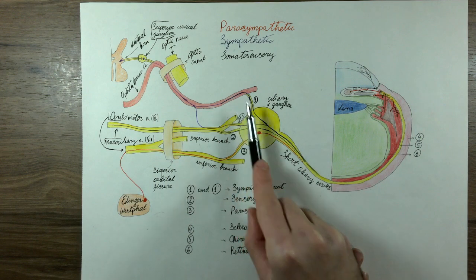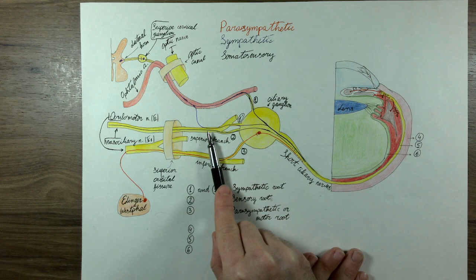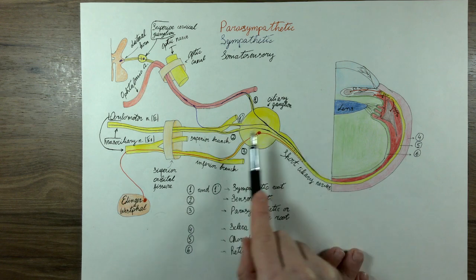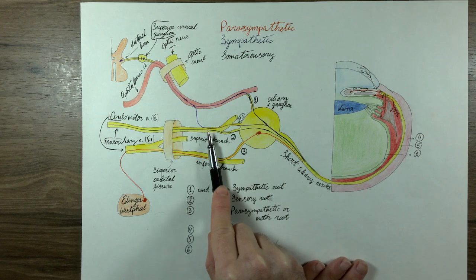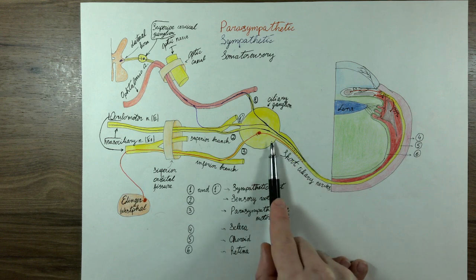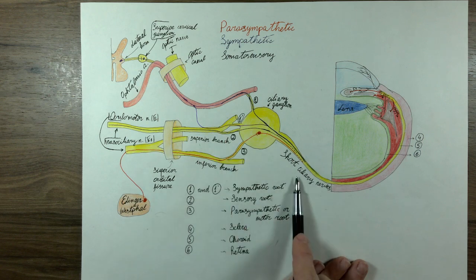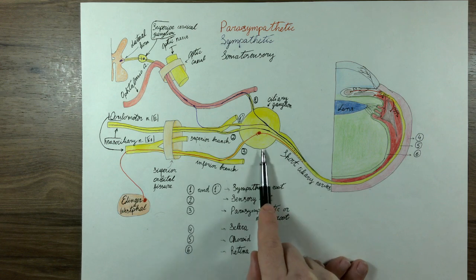Part of them would join the ciliary ganglion, part of them would join the nasociliary nerve, and would reach the eye via the long ciliary nerves, which you should distinguish from the short ciliary nerves, which originate from the ganglion. Just to reiterate, long ciliary nerves from the nasociliary nerve, short ciliary nerves from the ciliary ganglion.